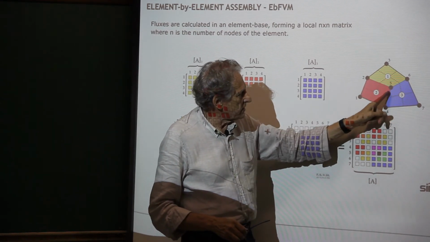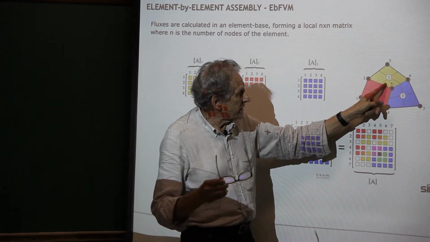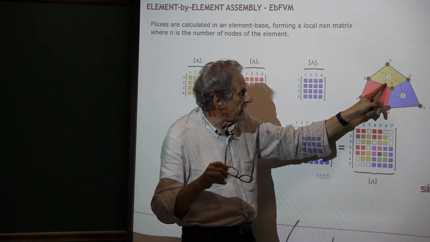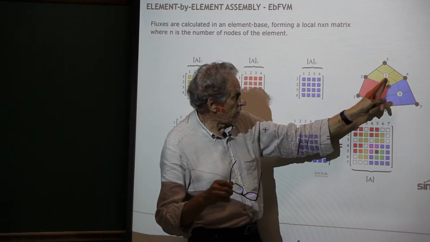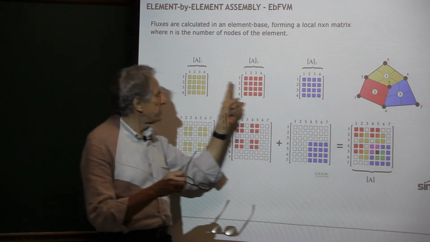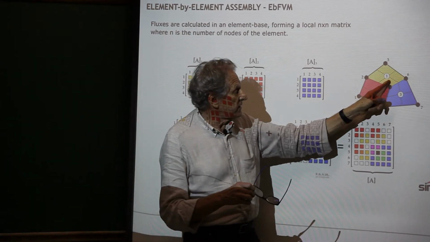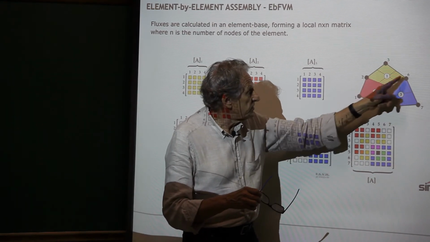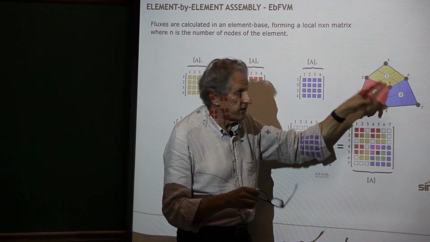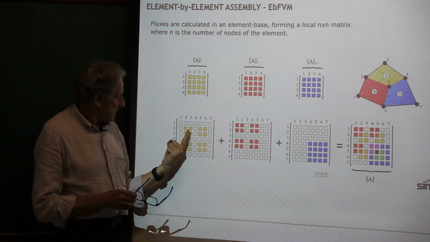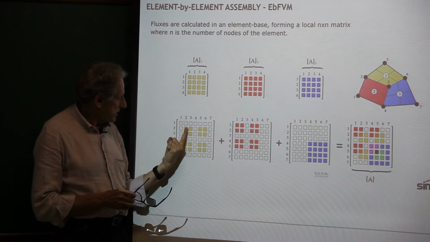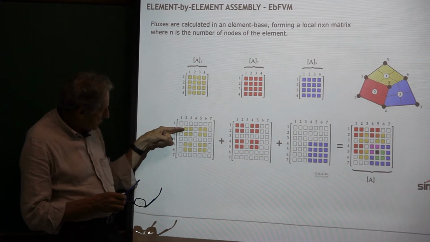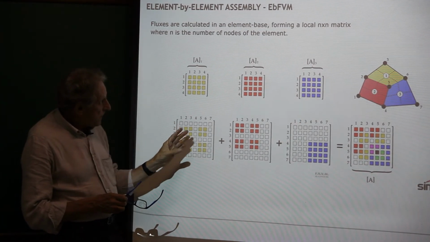This flux has to enter, and this flux has to enter. What are the global points which enter? 6, because in order to calculate this one, this matrix already connects this flux with 6, 3, and 2, and this one too, with 6, 3, and 2. And the 0.5 enters, of course, and then it is 6, 3, 2, and 5. Of course, here it is also 2, 3, 5, and 6.